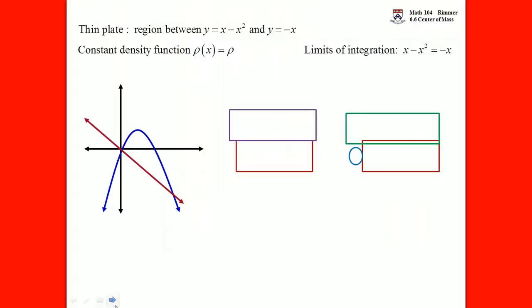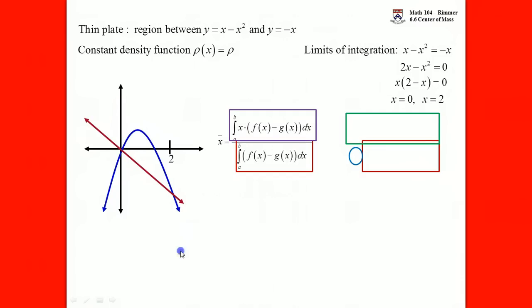So we set them equal to each other, and it's going to be 2, right? It's x squared minus 2x is 0, or 2x minus x squared is 0. So yes, 0 and 2.